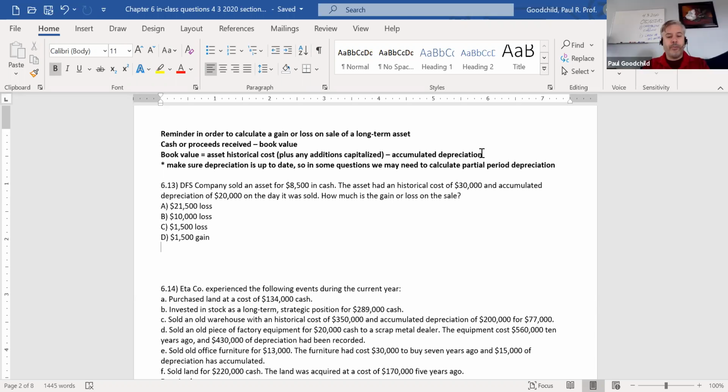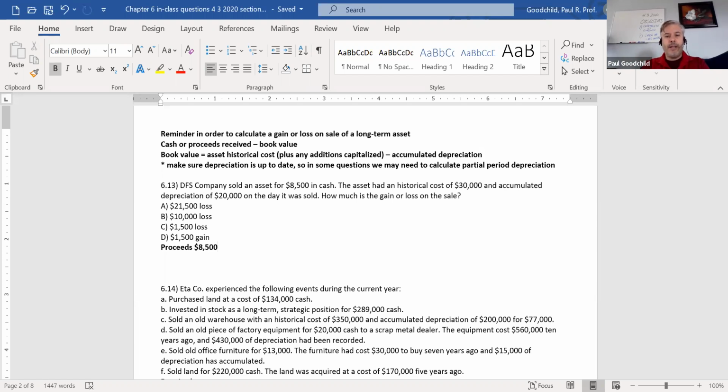All right. So with this question, it says it sold an asset for $8,500 in cash. So proceeds. And the reason I say proceeds versus just cash is because a lot of times you'll get a trade value or you'll swap it for something else, so you might not necessarily get cash.